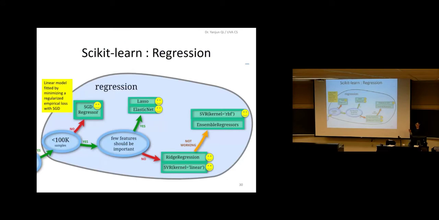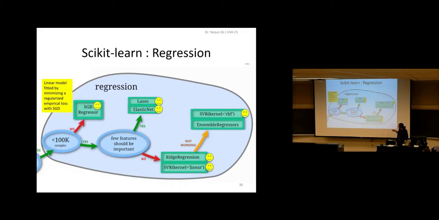Okay, so to look at this cheat sheet in scikit-learn, what people normally recommend is, there's the SGD regressor if you have a good amount of samples, but not too many. Actually, if you have too many samples, you go to SGD, stochastic gradient descent.